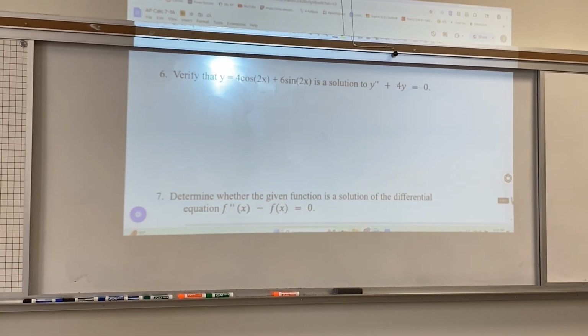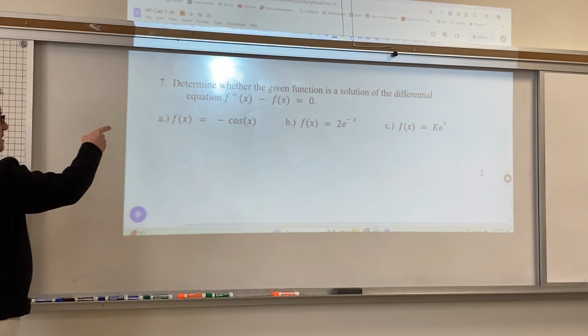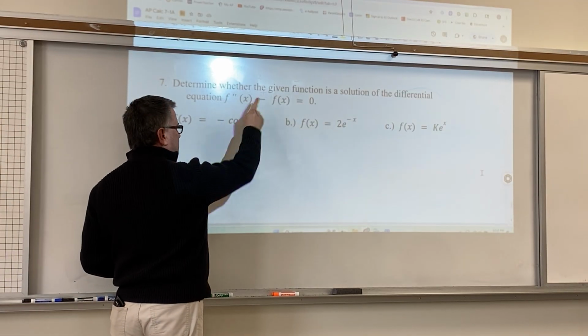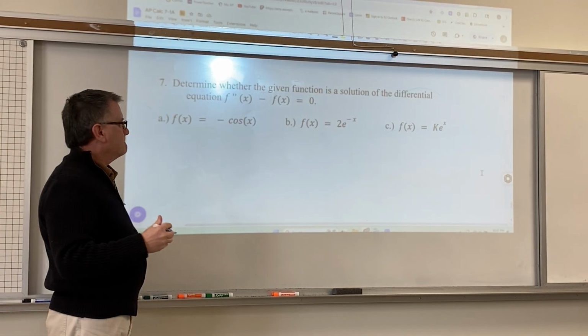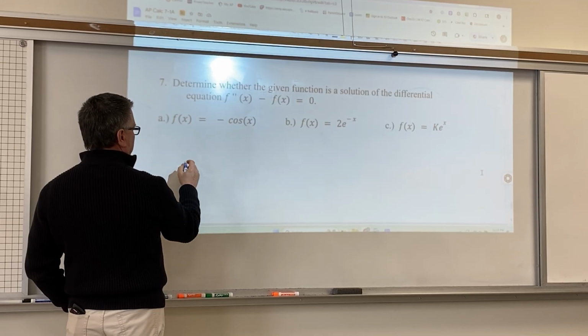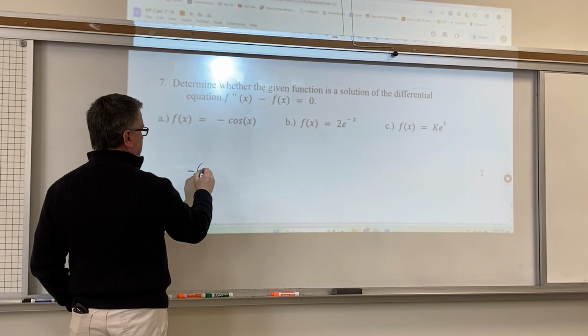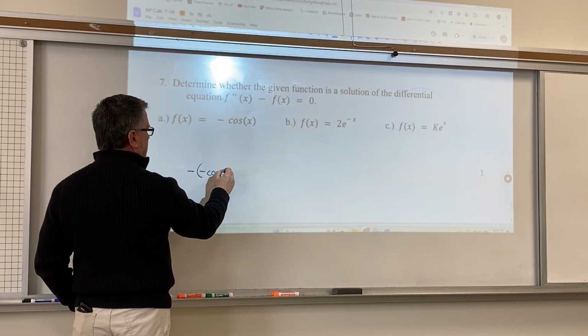This one says, let's determine whether the given function is a solution to the differential equation. This is not a multiple choice question. It is a 3-part question. Is this a solution to this equation? In this case f of x is minus cosine x.